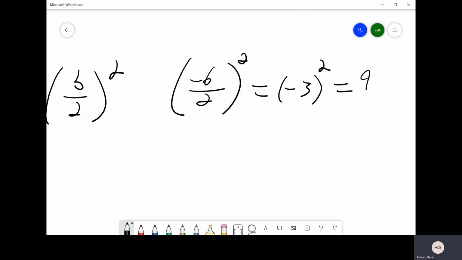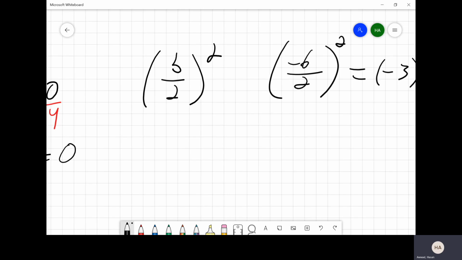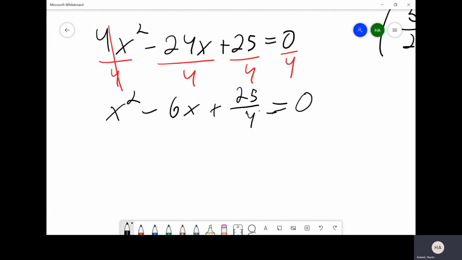We just get 9. Okay, cool. So now we're going to add 9 to both sides. So adding 9 to both sides, we get x squared minus 6x plus 9, right? Plus 9 here. And we still have that plus 25 over 4 business that we couldn't really escape from.